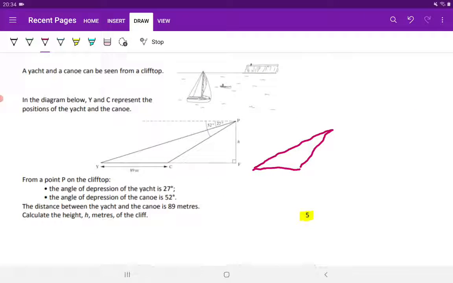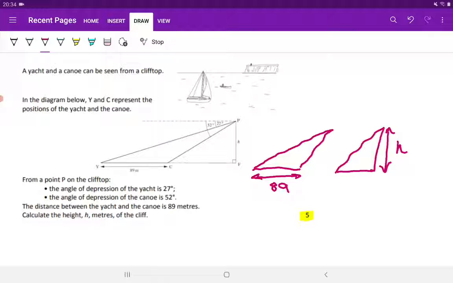Okay, and then we have the right angle triangle that gives us the height of the cliff. So the height of the cliff is there, and we know that this length here is 89.